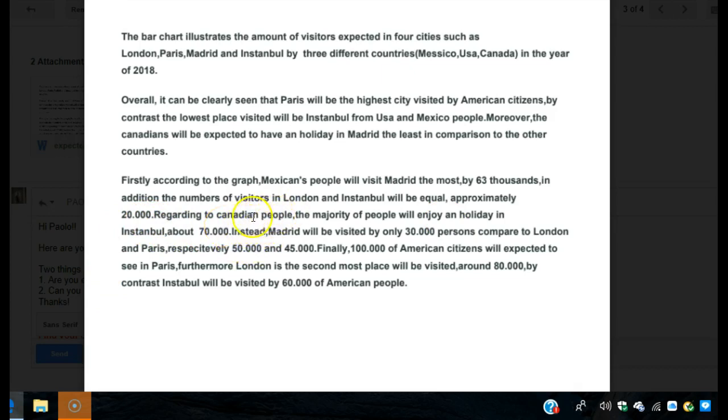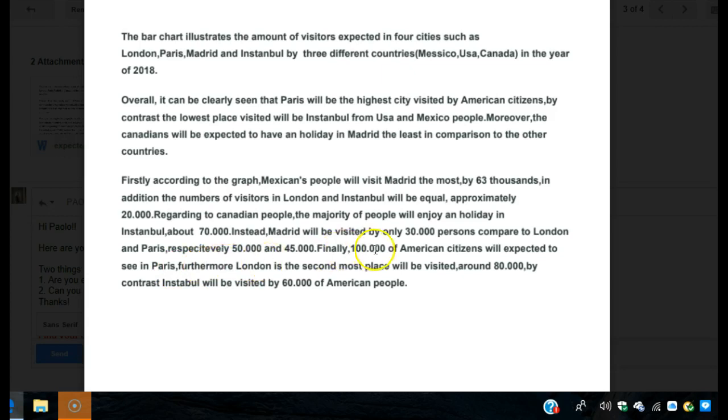In contrast, not "instead", Madrid will be visited by only 30,000 persons compared with London and Paris at 50,000 and 45,000 respectively. Finally, 100,000 American citizens will be expected to see Paris, no "in", full stop.